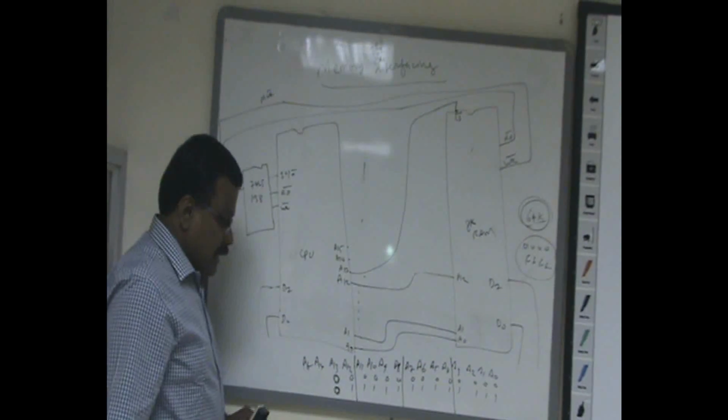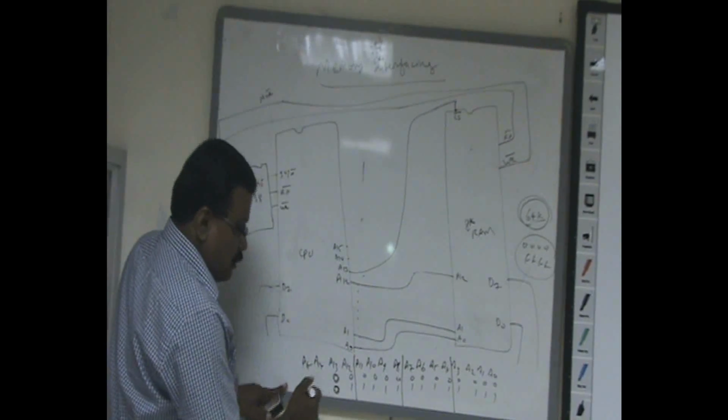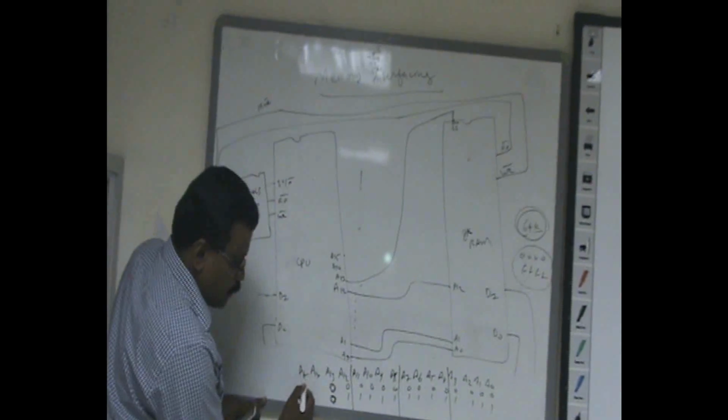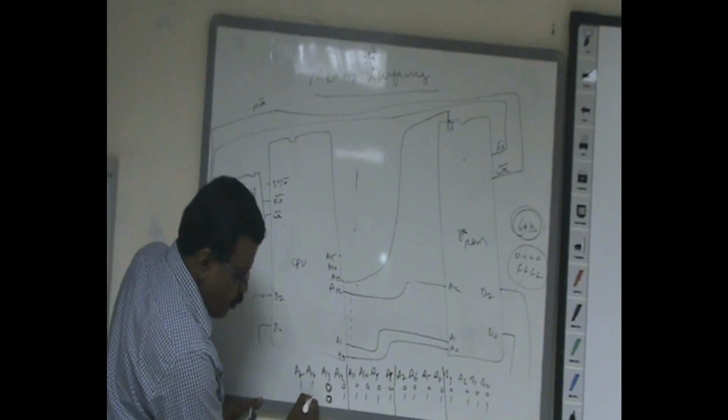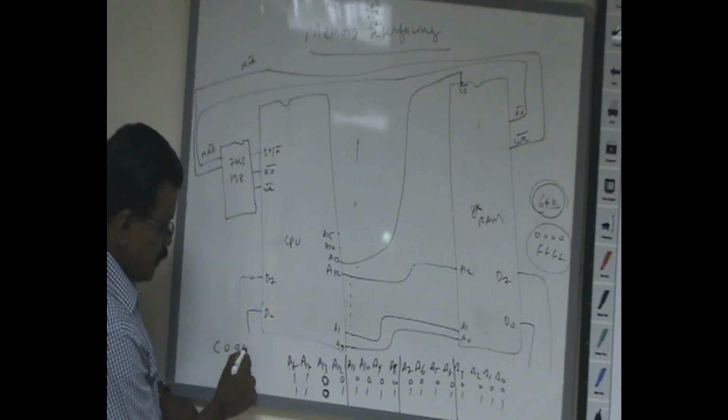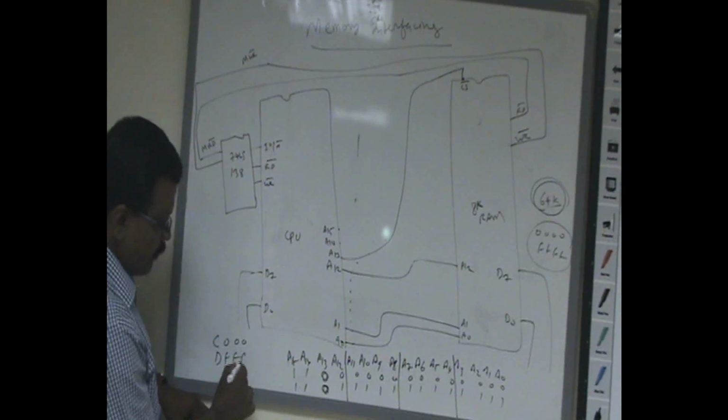Here what will happen is, if you don't connect A14 and A15, suppose these values are 1, 1, the address range is C000 to DFFF.